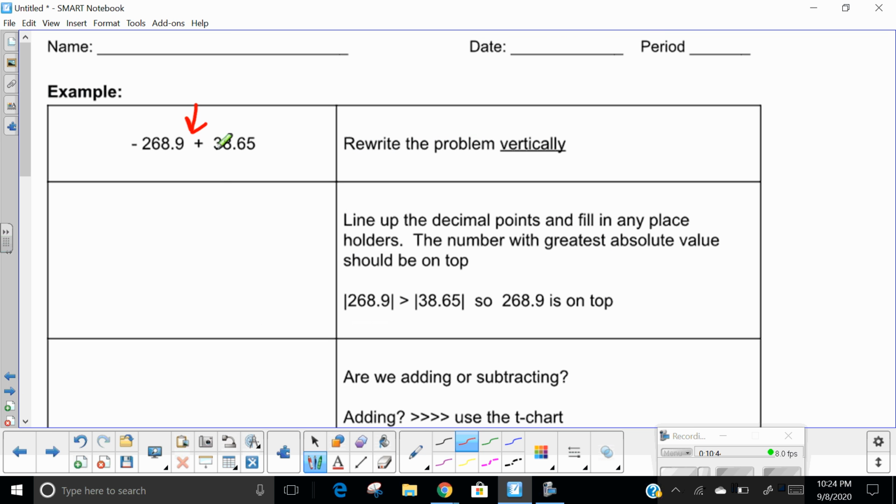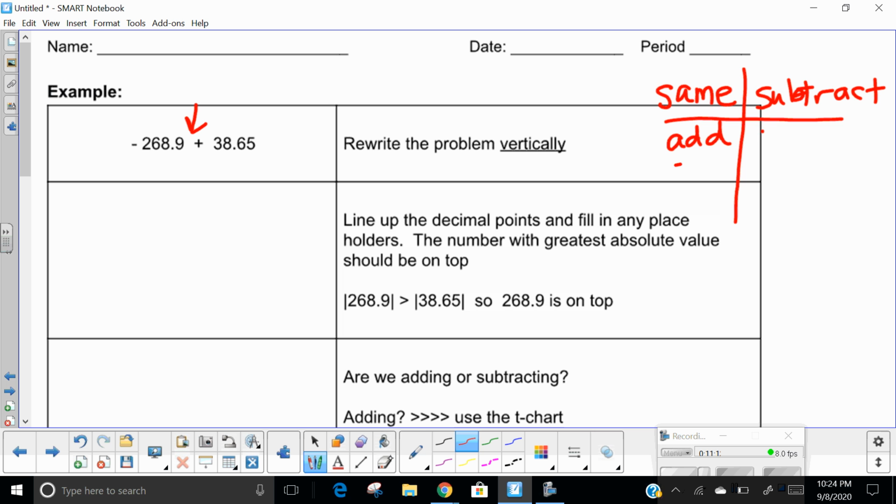So you should always write your T-chart down, and there's my plus sign for adding. So we sing the song. Same sign, add, different sign, subtract.